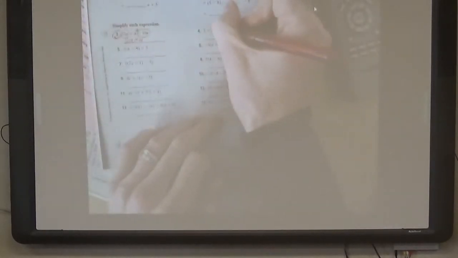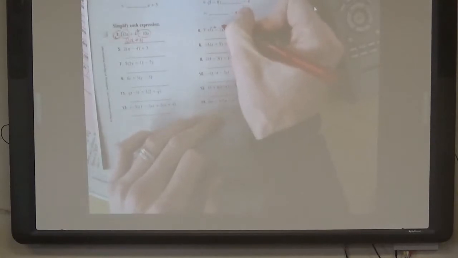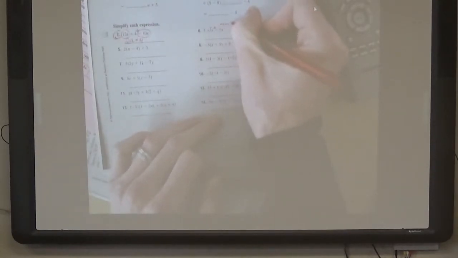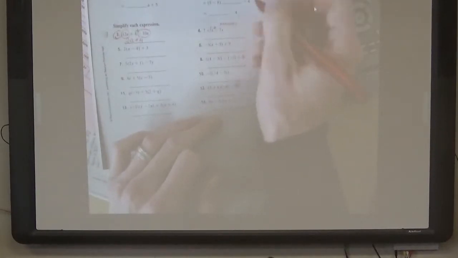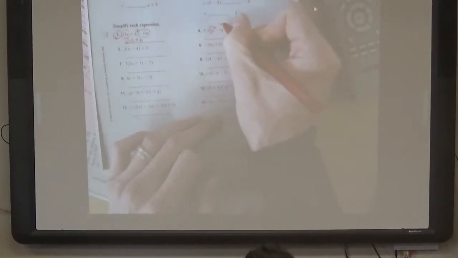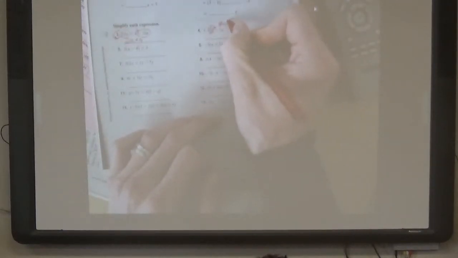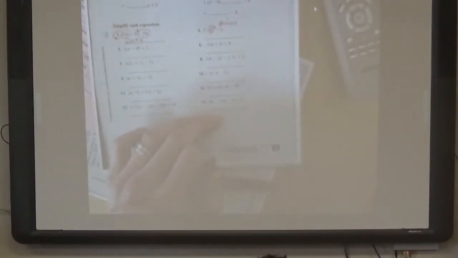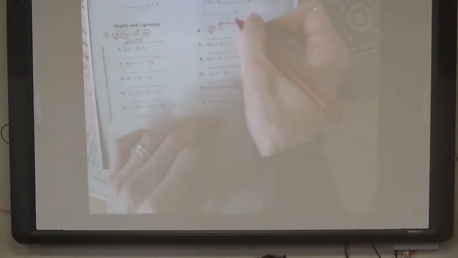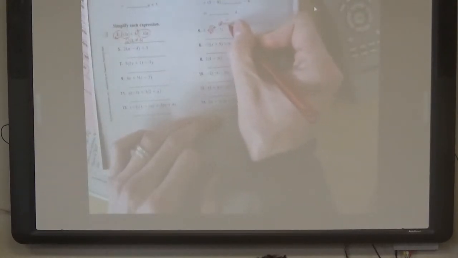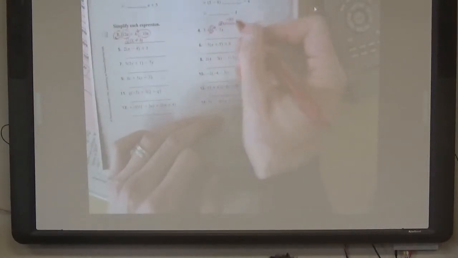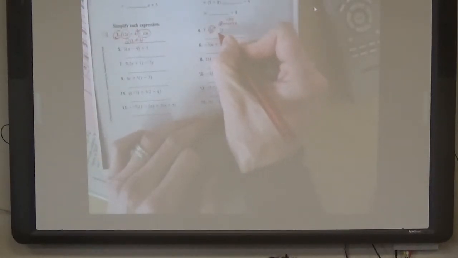So 1 positive x and 7 negative x's. And 1 positive x would cancel out 1 negative x. And how many negatives are you left with? 1, 2, 3, 4, 5, 6. So, negative 6x.